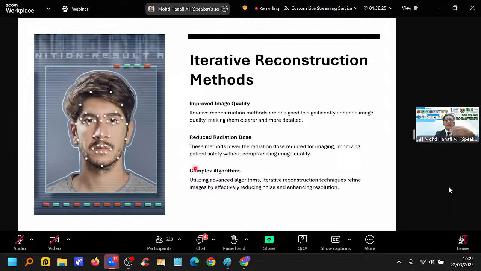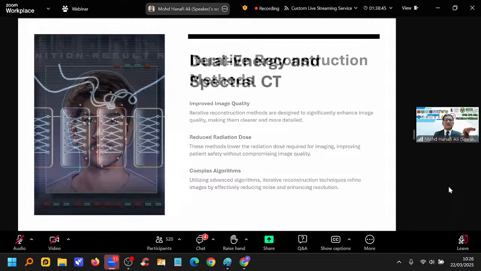People know better, and they use a lot of models. Another one is the hybrid one. They combine filtered back projection and iterative reconstruction to get higher image quality in a shorter time frame. That's something we need, especially for CT fluoroscopy, for example.